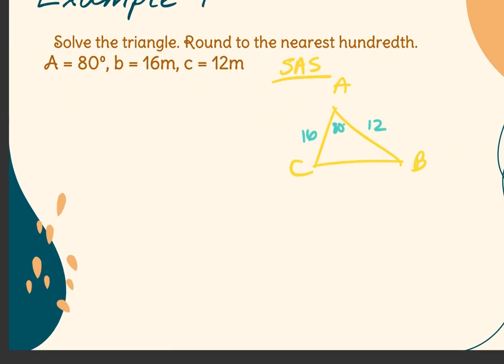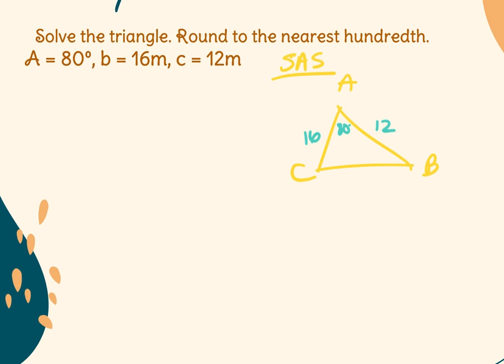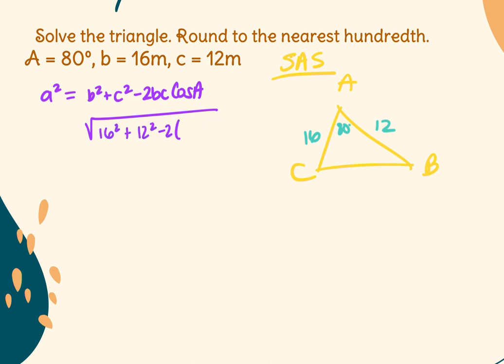So the first thing I have to do here is find that last side. I have to find A. A squared would equal B squared plus C squared minus 2BC cosine A. So I end up with the square root of 16 squared plus 12 squared minus 2 times 16 times 12 times the cosine of 80.